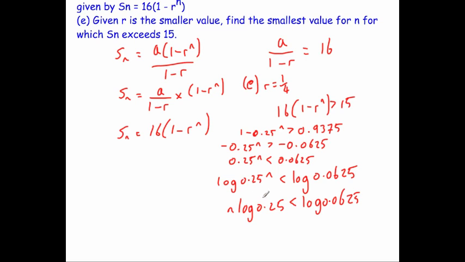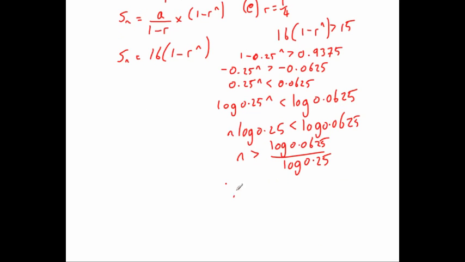Now the log of a number less than 1 is going to be negative. So we're dividing by a negative and it's an inequality. So whenever we divide here, this inequality sign will change. So it will give us n is now going to be bigger than log of 0.0625 over the log of 0.25. And whenever we work that out, we get n is bigger than 2.